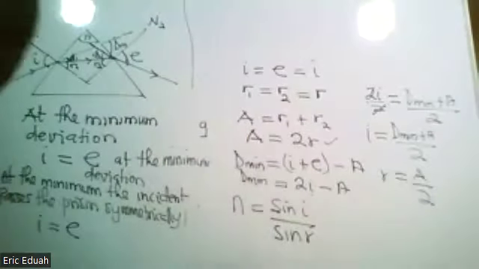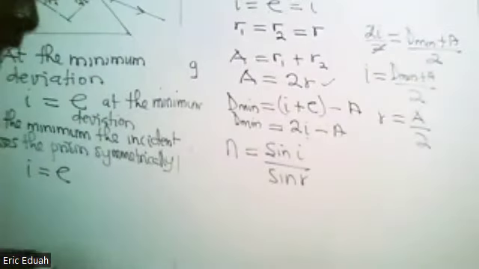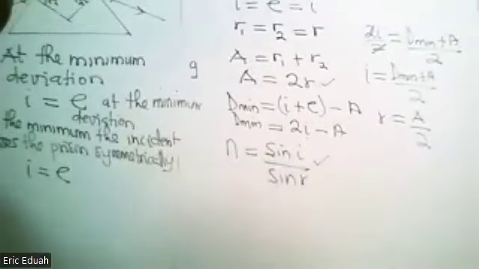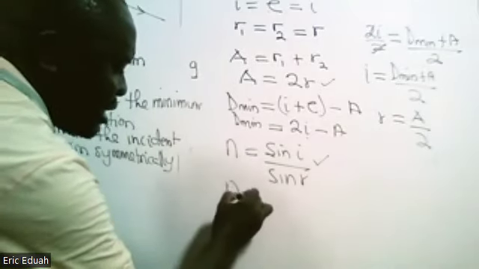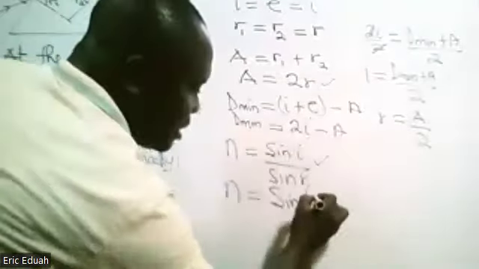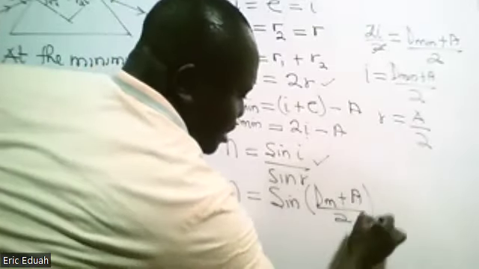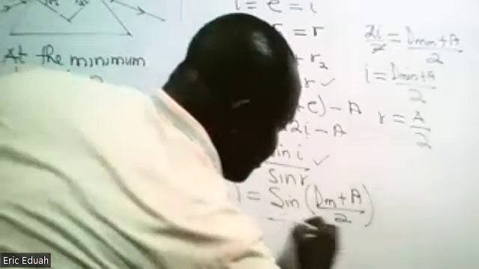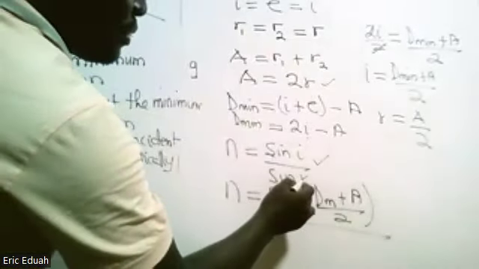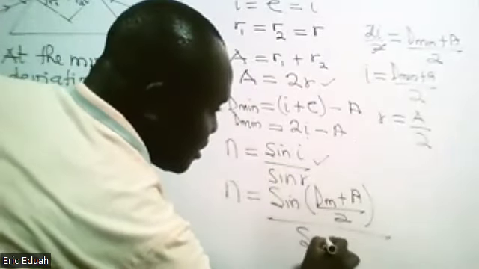So when we substitute whatever we've had for I and R into the refractive index equation, we have n is equal to sine of I, which is now D minimum plus A over 2, all divided by sine R. R is this, A over 2.